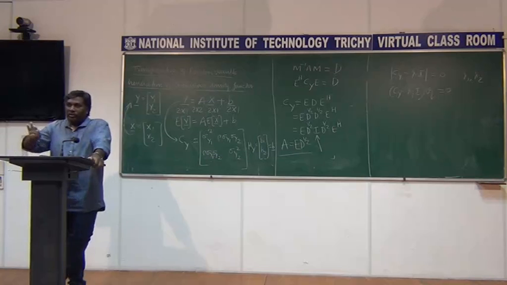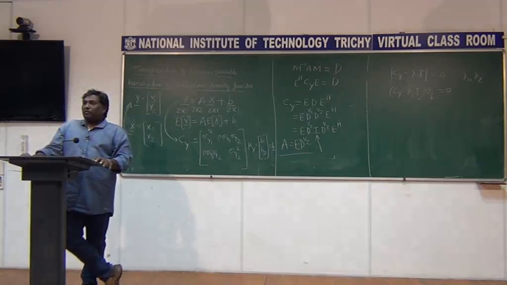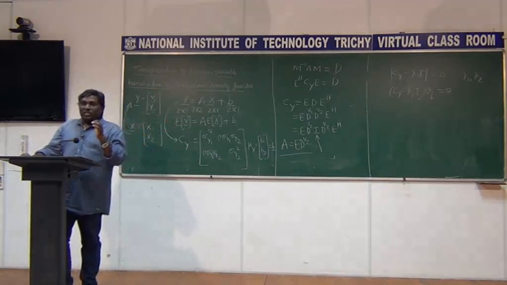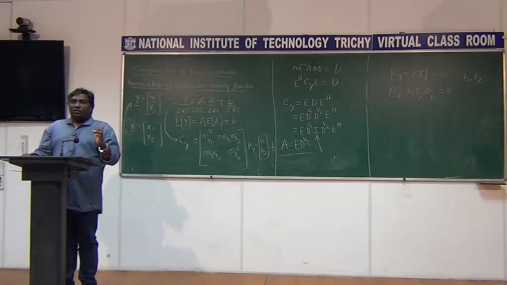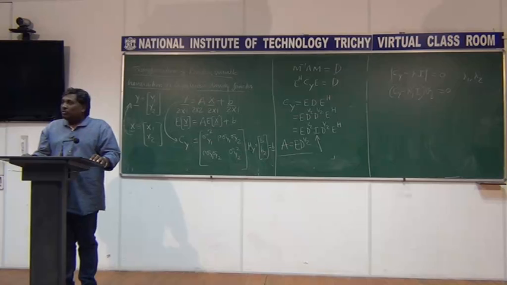anyhow, we are going to discuss it in the formal linear algebra portion. But now what I am telling is, the vector V is said to be in the null space of the matrix A if it satisfies the condition AV equal to 0.